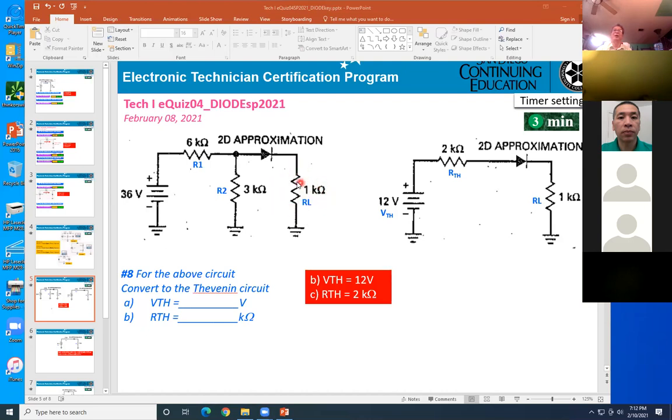Open circuit here. So, diode on or off? Off, it's open. Then you're looking from here into the circuitry. The V Thevenin will be the voltage across 3K, so you use the voltage divider: 36 times 3 divided by 6 plus 3. You get 12 volts.